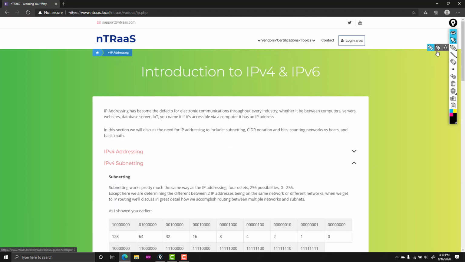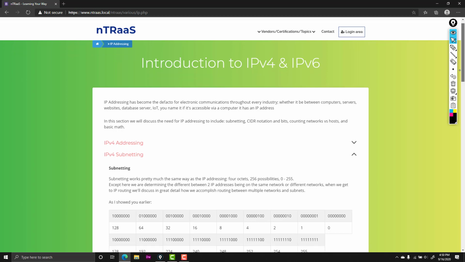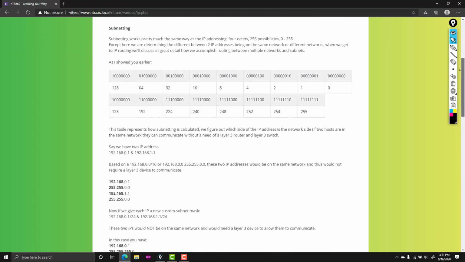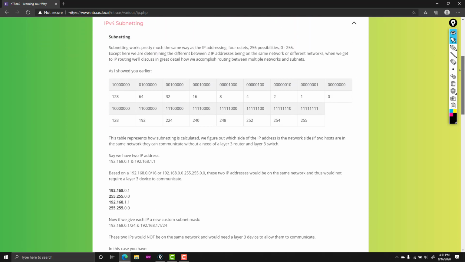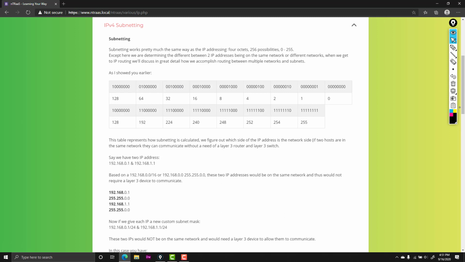So next we will be talking about subnetting. Now keep in mind you can't have IP addressing without subnetting, and this goes for IPv4 and IPv6. You need to know that IP subnetting works pretty much the same way as IP addressing does: 4 octets, 256 possibilities, 0 through 255.